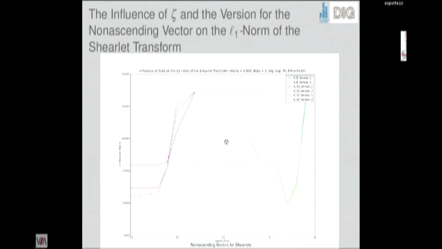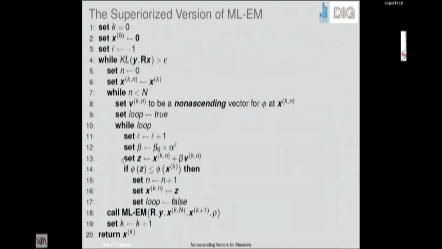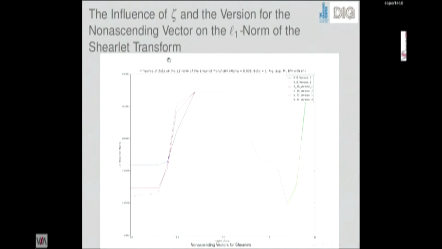And the result here is the resulting L1 norm of the Shearlet transform when the algorithm stops. The algorithm stops because eventually I satisfy this, and then the algorithm stops. So when the algorithm stops, I have the L1 norm of the Shearlet transform, and that is the thing that I'm trying to make small.